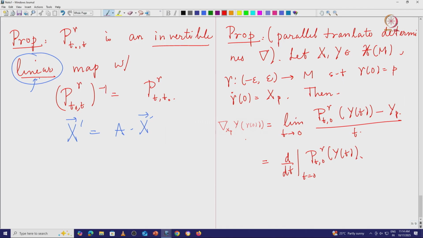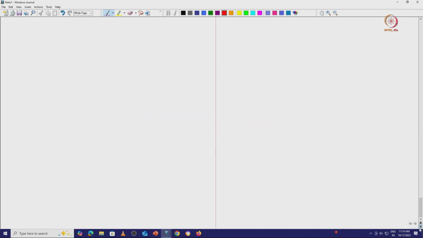Right. So how do you prove this? This involves a trick that's very useful when dealing with parallel translations, which we'll again use many times in this course.